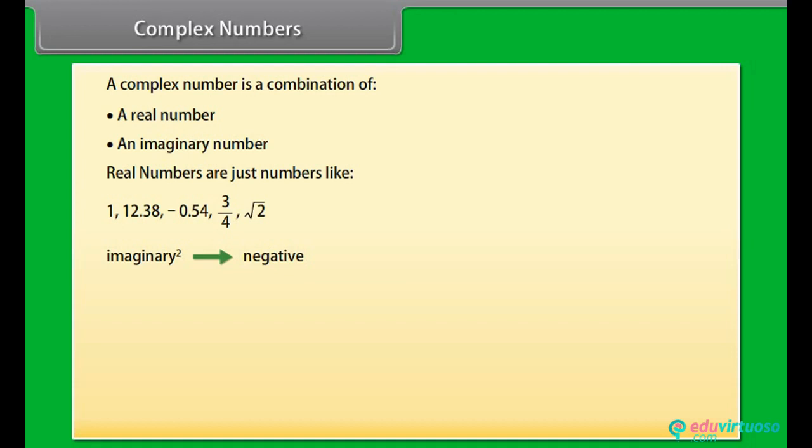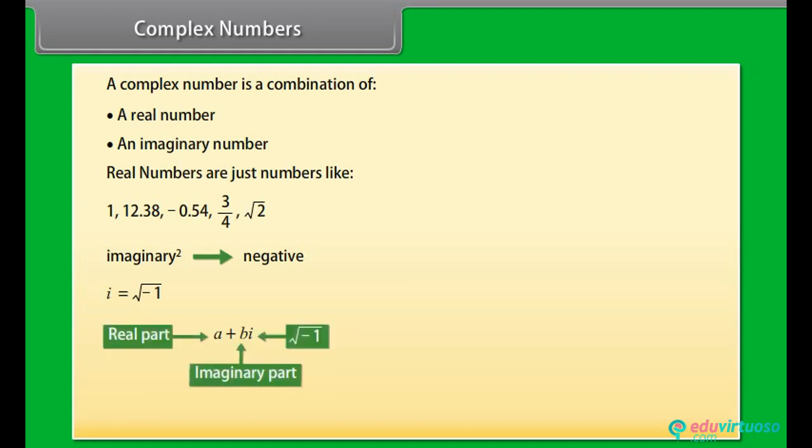The unit imaginary number is i, that is iota, which is the square root of -1. a plus b iota is a complex number, a combination of a real number and an imaginary number. Examples are 1 plus iota, 39 plus 3 iota, minus 2 plus pi iota, square root 2 plus iota by 2.